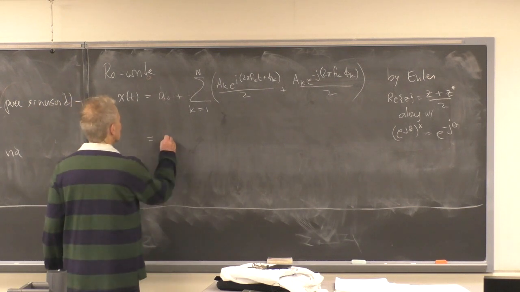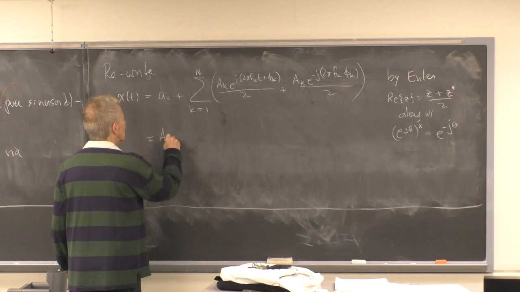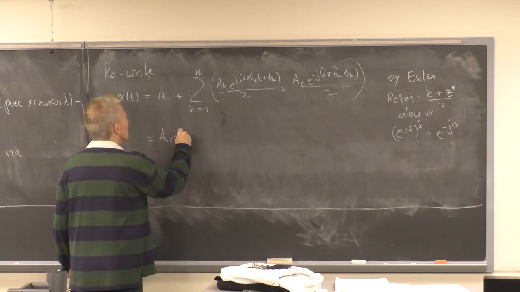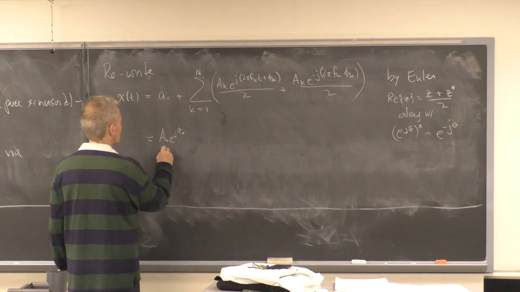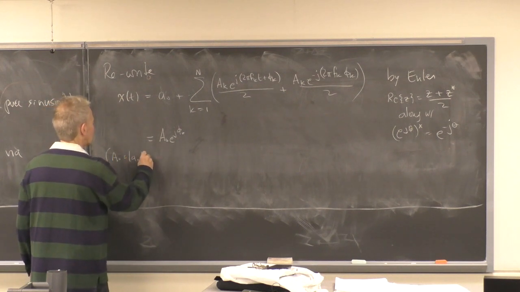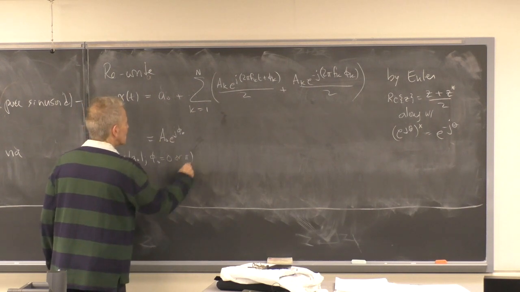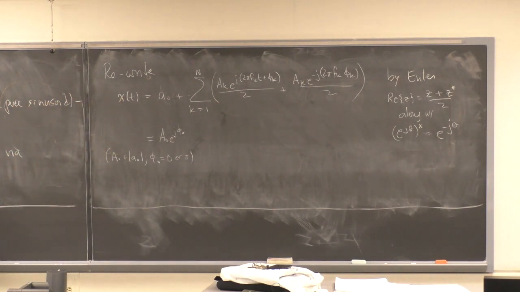So you have a0, and let's rewrite a0 as cap A0 e to the j phi 0. How do we do that? Cap A0 is the absolute value of little a0, and phi 0 is equal to 0 or pi, depending on the sign, sign, not sine, of a0.